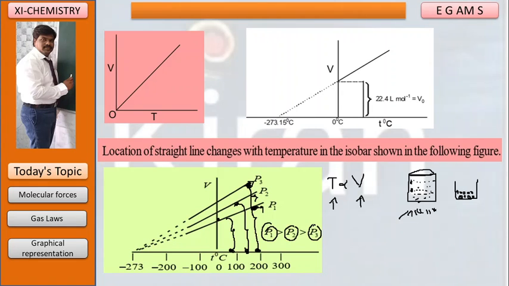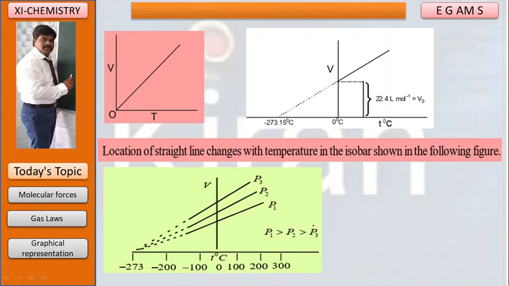So this explains the same thing with different volume versus temperature lines while heating and cooling. Here this line is the first line at P1. Why am I giving P1?